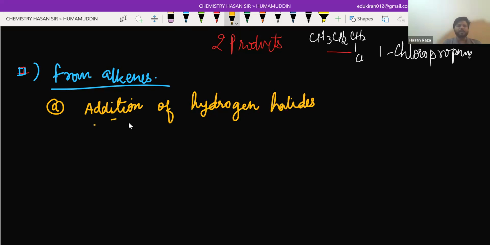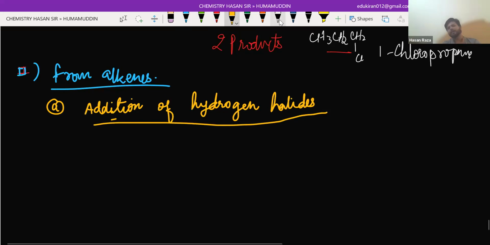That means basically, you know that alkene is a hydrocarbon. But when you add hydrogen halides to an alkene, it will give you haloalkane or alkyl halide. Let's say C double bond C, it will be like this.